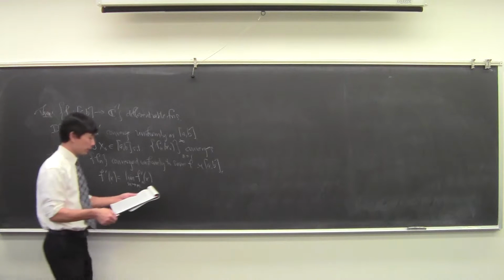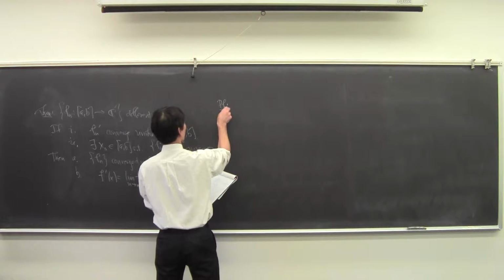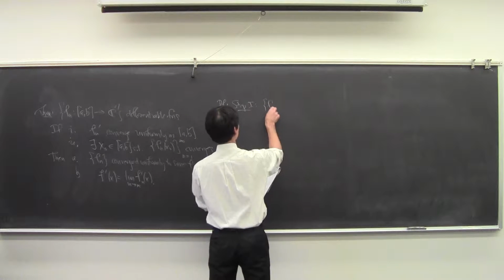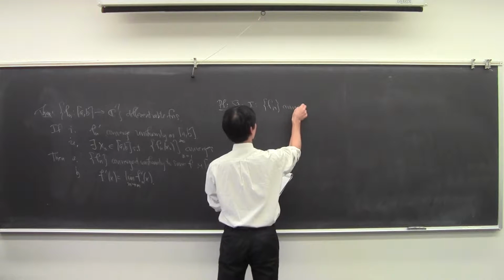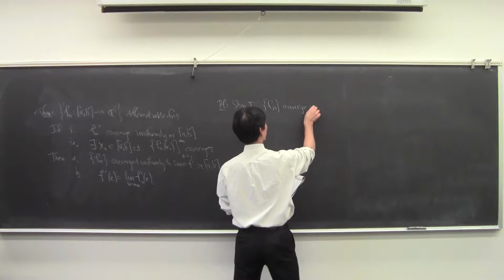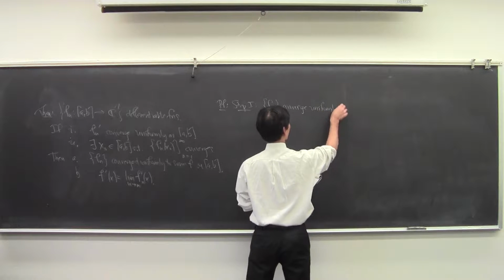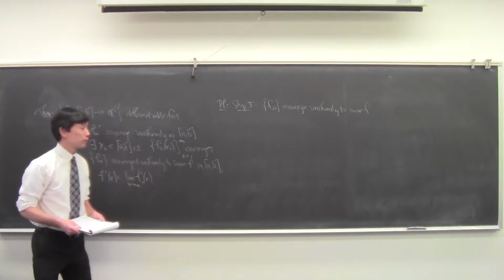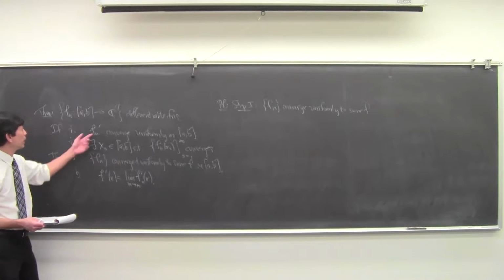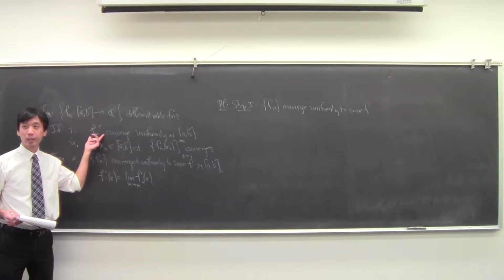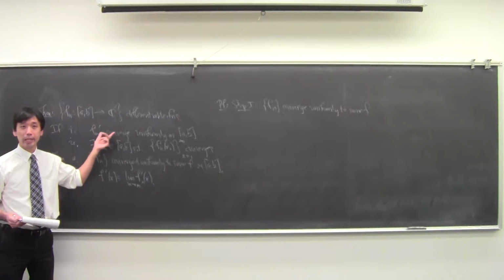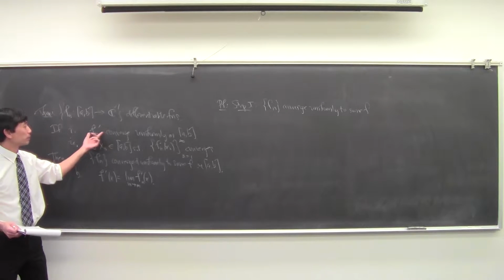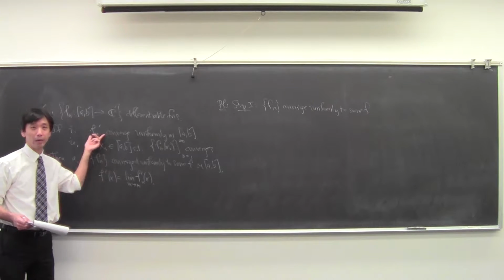Okay. And the first thing that we did, last time, was show that the Fn actually converge uniformly. Because if the derivatives converged uniformly, then we can make the difference between Fn prime and Fm prime very small.